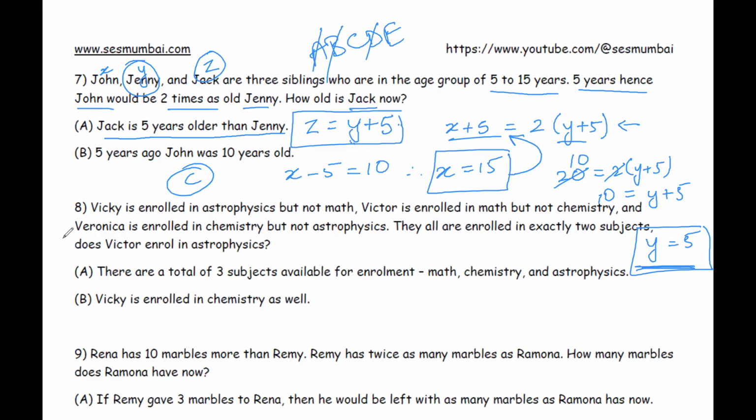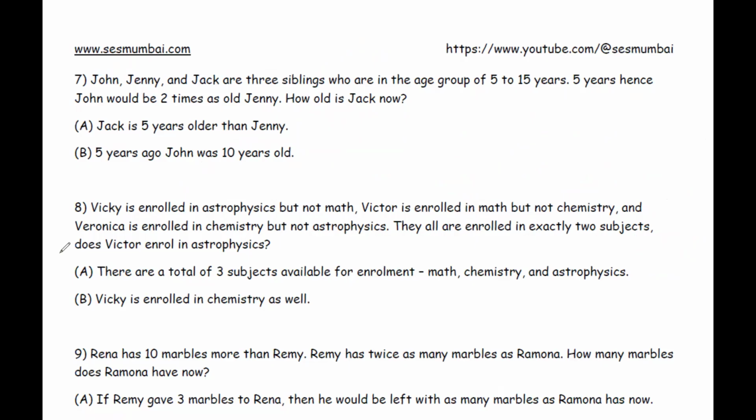Eighth question. Vicky is enrolled in astrophysics but not math. Victor is enrolled in math but not chemistry. So we can say Vicky is X, Victor is Y, and Veronica is Z. So X, Y, and Z. So Vicky is enrolled in astrophysics, but not math.